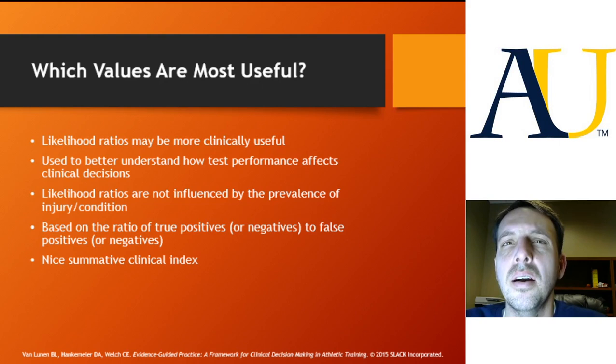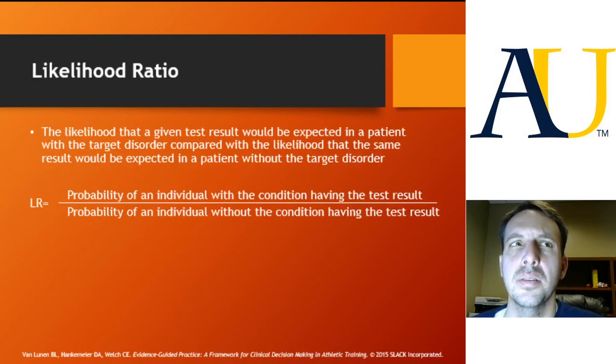Study how they are calculated, as well as what they're useful for, but understand that likelihood ratio is going to be our most clinically predictive, because this is going to be our ability to change our minds. And so it's nice in that it basically combines a lot of these into what we can term a summative clinical index. Right?